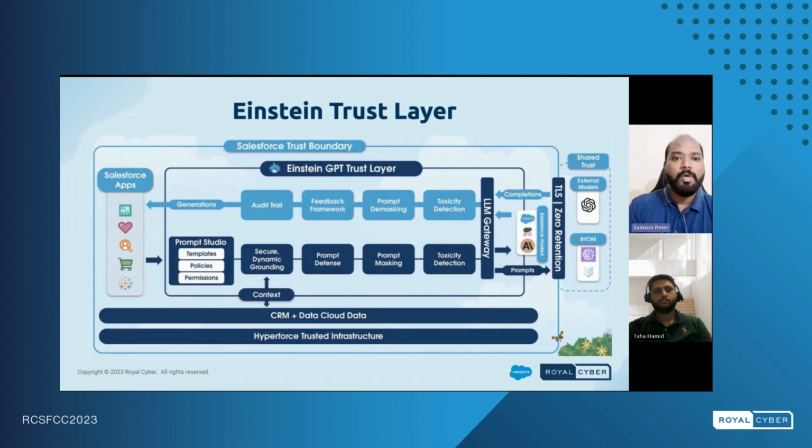Now, the next topic is the Einstein Trust Layer. The main challenge for any company using AI, especially with customer data, is to ensure that their data is not leaked outside their organization, not shared with other companies, and that the AI models they share data with don't retain the data.